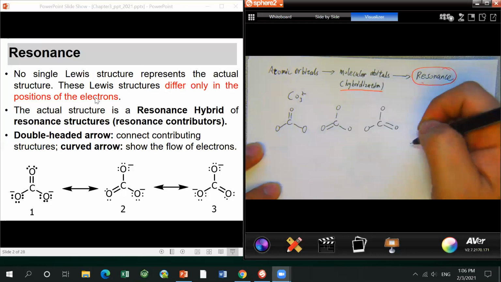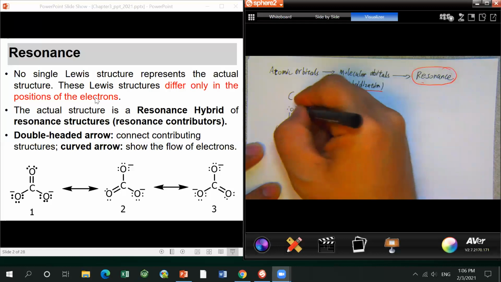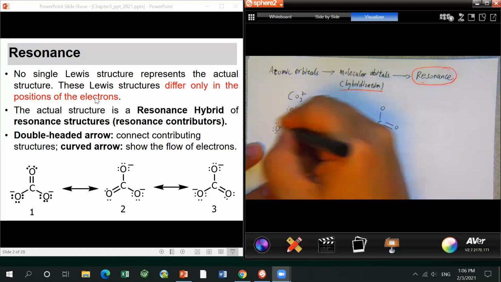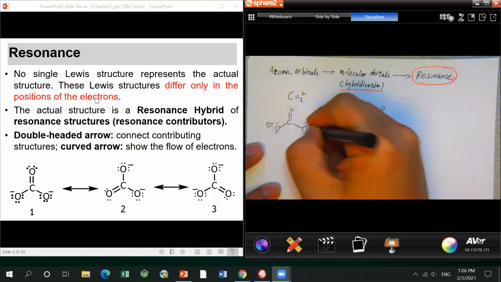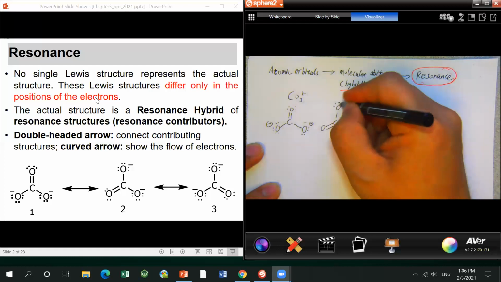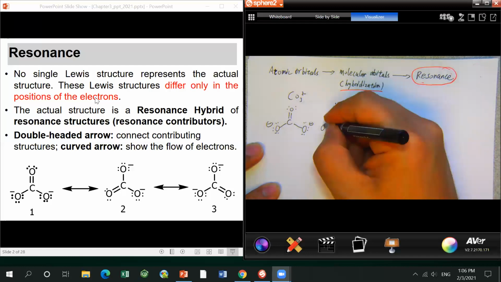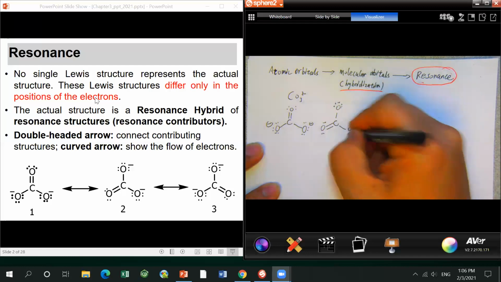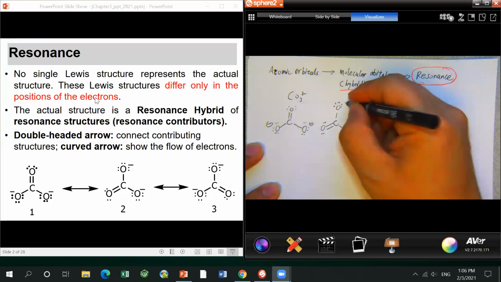We add lone pairs and also charges. I want to put each Lewis structure into brackets, because it will be easier for me to show the movement of electrons.